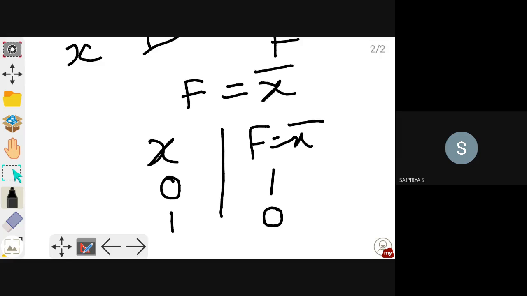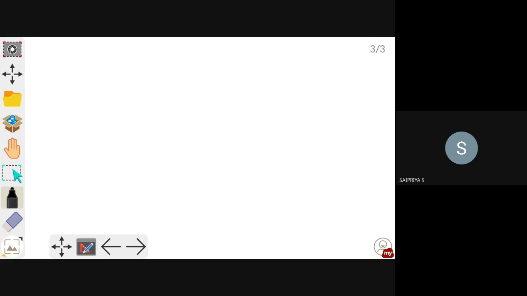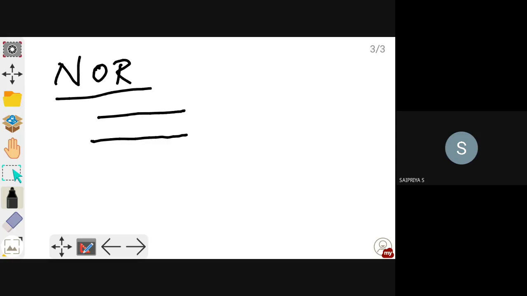And the next is the NOR gate. So the NOR gate is the inverse of the OR gate. So the OR symbol plus a bubble at the end will give you the NOR gate.